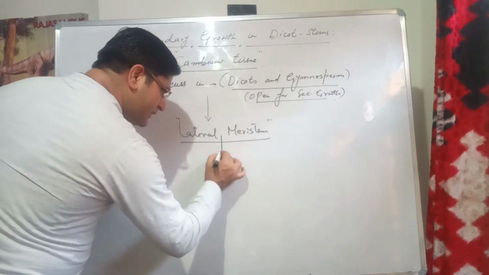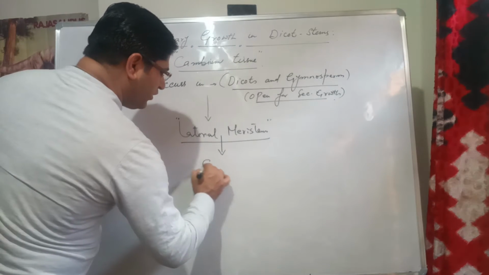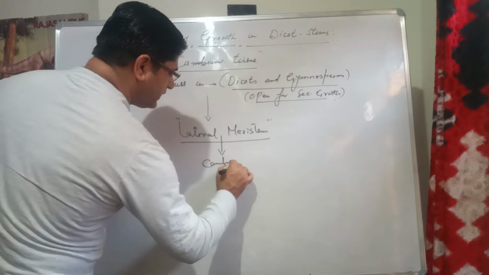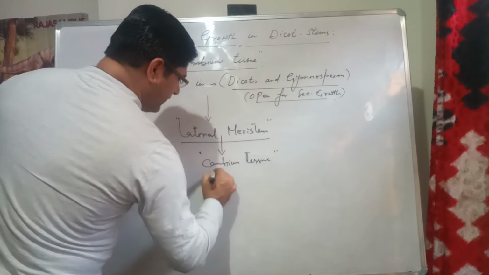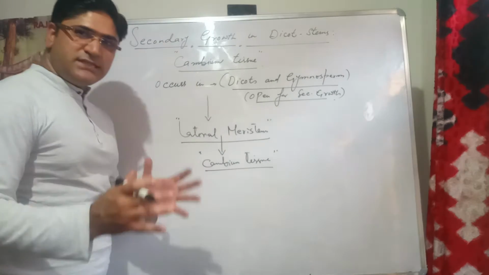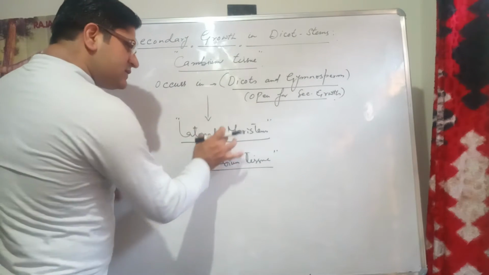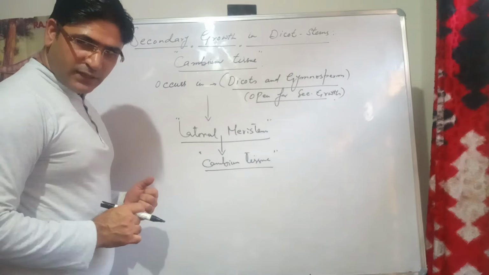This lateral meristem leads to the formation of cambium tissue. So cambium tissue formation depends upon the lateral meristem inside the plant.